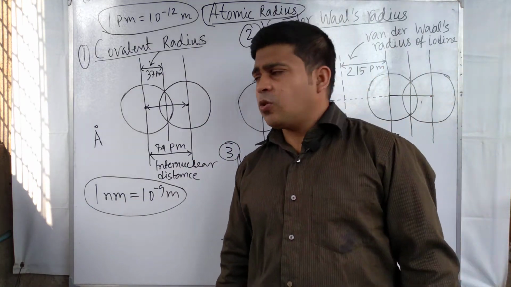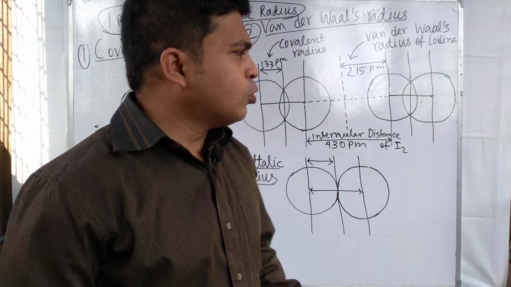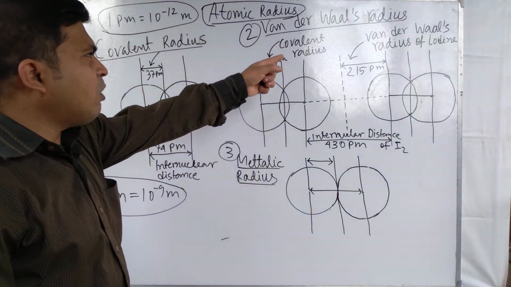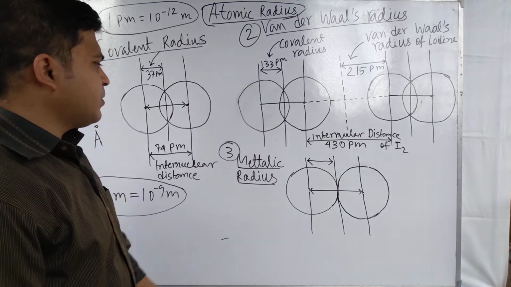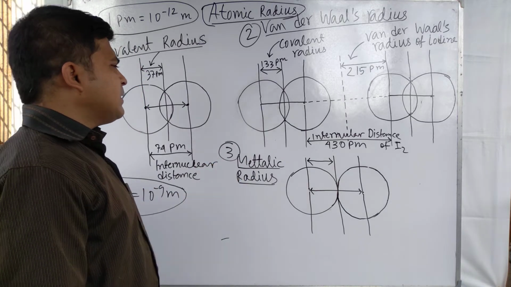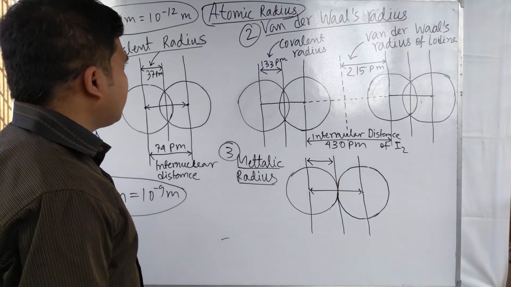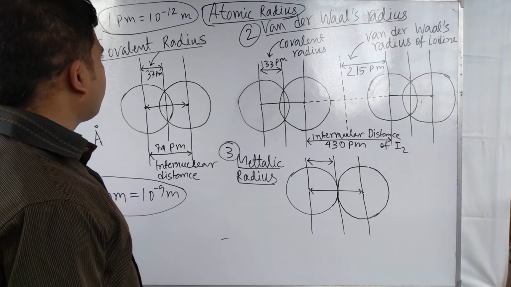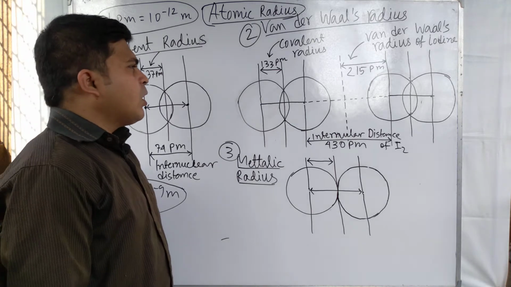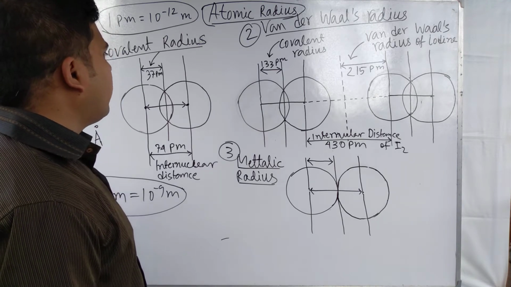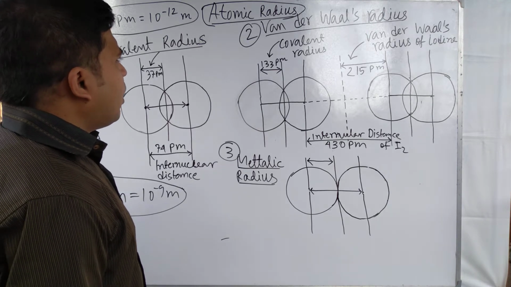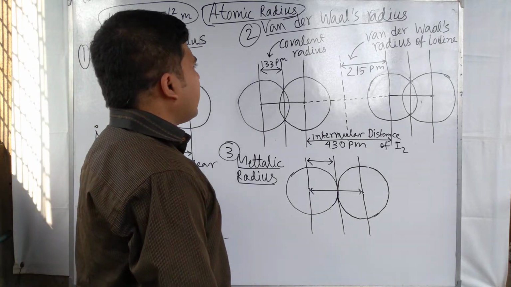One is covalent radius, two is van der Waals radius, and three is metallic radius. These are the classification of atomic radius into three types. So now let us look at the different types of radius.